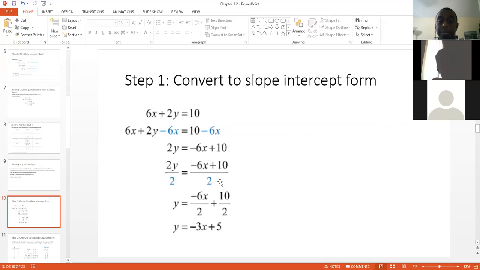Divide by 2 on both sides, division property of equality. The 2's cancel out. We're left with y equals negative 6x divided by 2 plus 10 over 2. So 10 over 2 is 5. Negative 6x over 2 is negative 3x. So we're left with the slope-intercept form of y equals negative 3x plus 5. This is step 1.